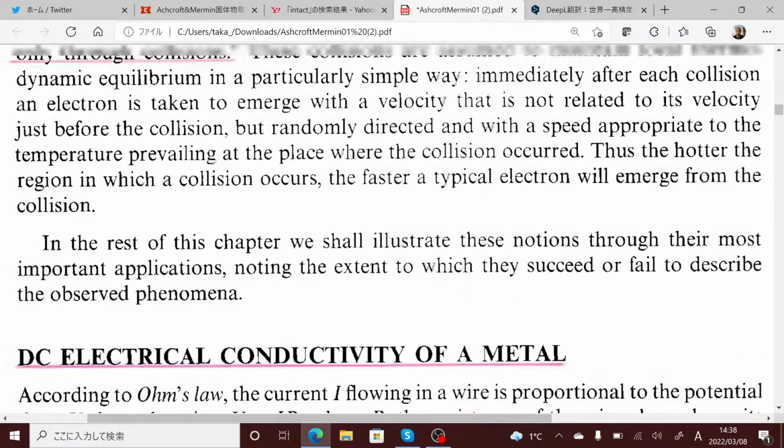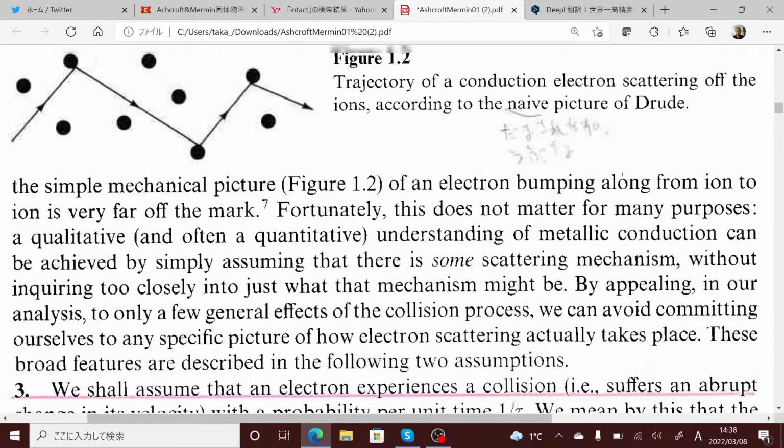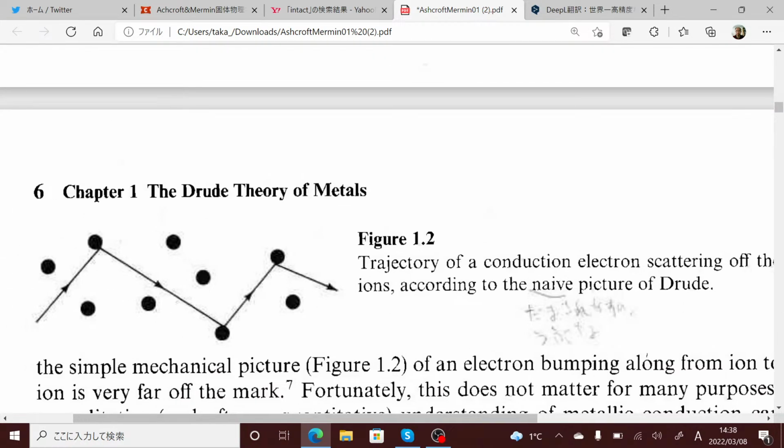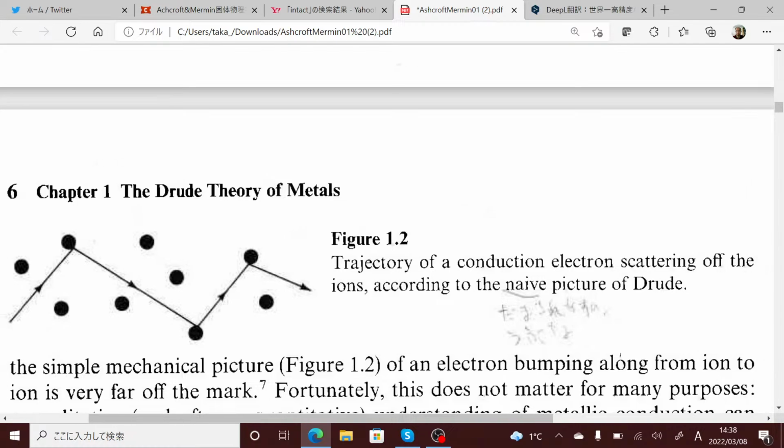Okay. So let's see, figure 1.2, trajectory of a conduction electron scattering off the ions according to the naive picture of Drude.